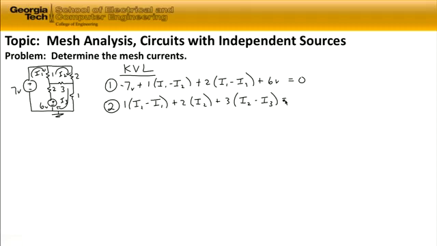And that's equal to 0. That gets us back to our starting point. So that's our second equation for our second loop.